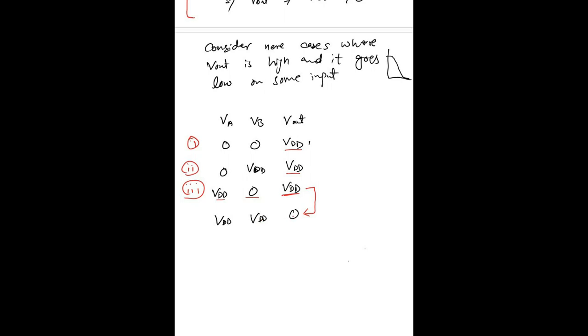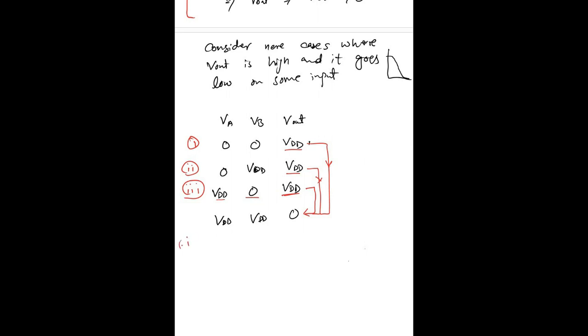So there will be a VTC curve that represents this output. Similarly, the second case where our output goes low, and the third case where our output goes low again. So we have 3 different cases.